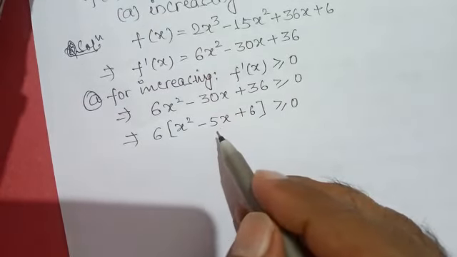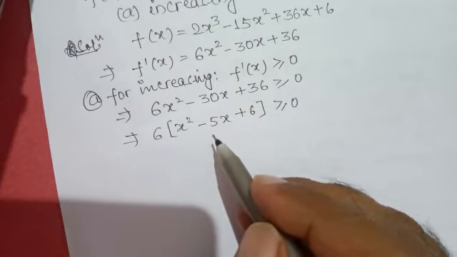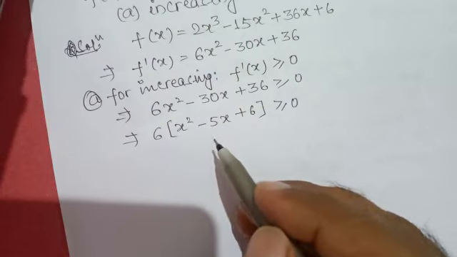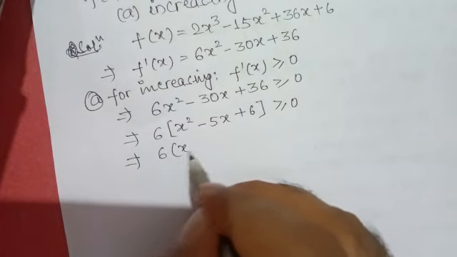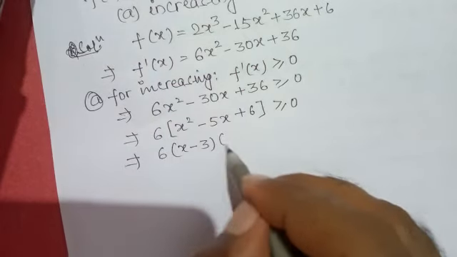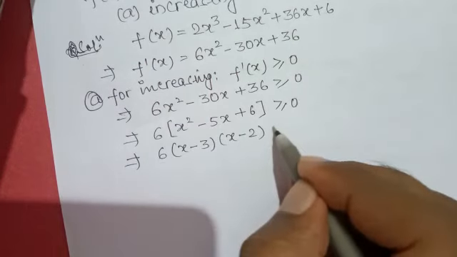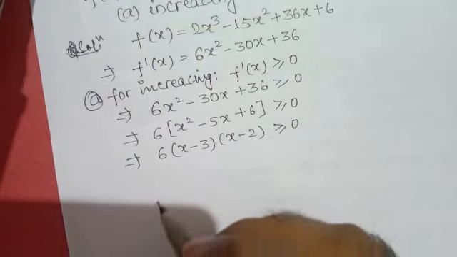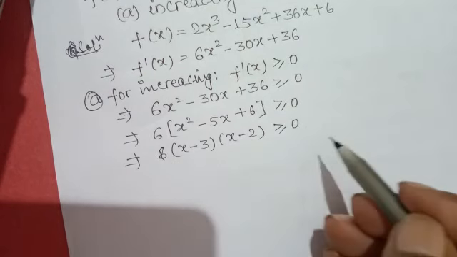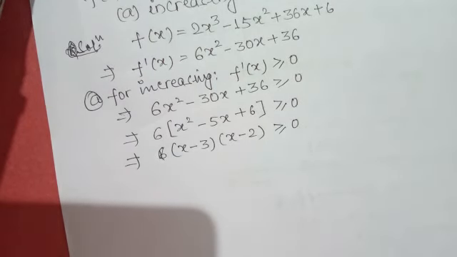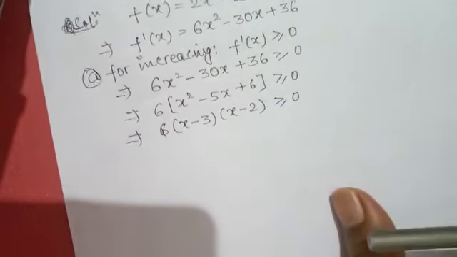Split the middle term into 3 and 2, so it should be (x minus 3)(x minus 2) greater than or equal to 0. Divide both sides by 6. Result will be (x minus 3) into (x minus 2).